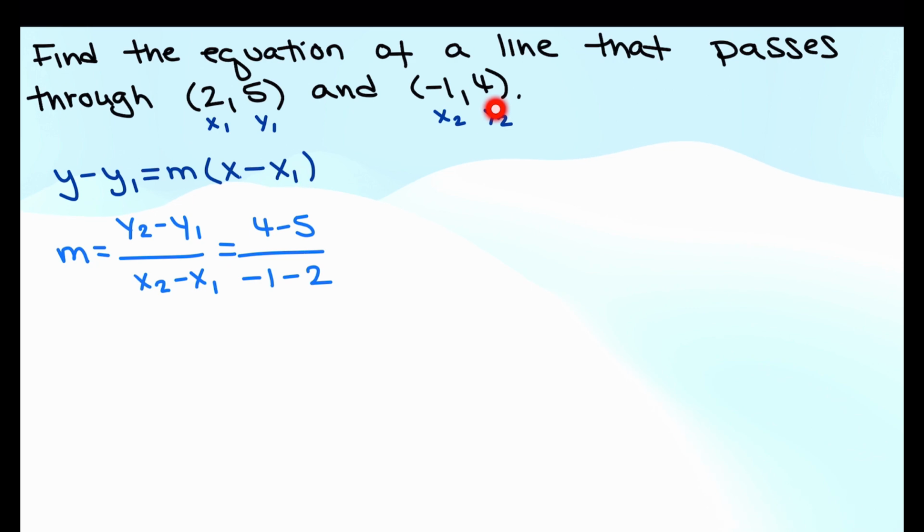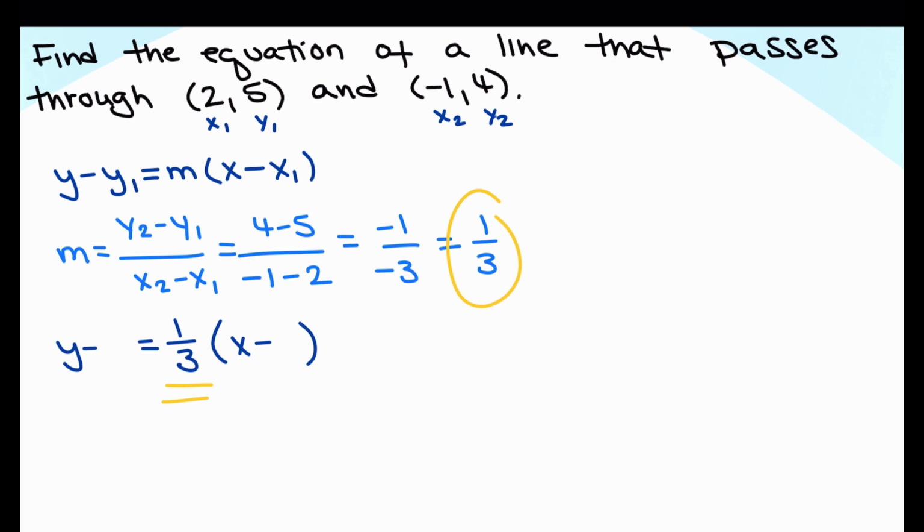So I'm going to take y2, which is 4, minus 5, over negative 1 minus 2. That becomes negative 1 over negative 3, or positive 1/3. So the slope of this line is 1/3. Plugging that into my formula, my slope is 1/3.